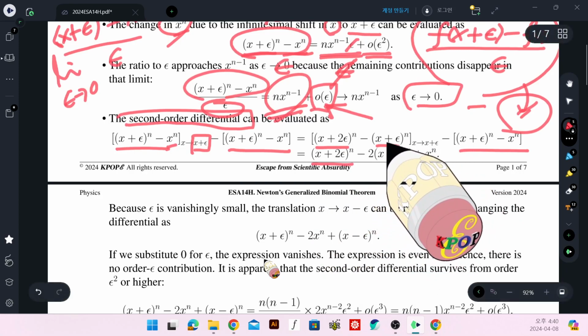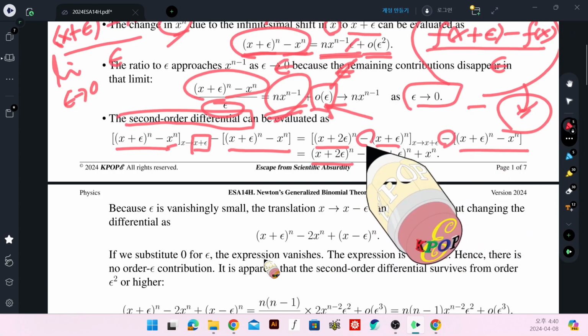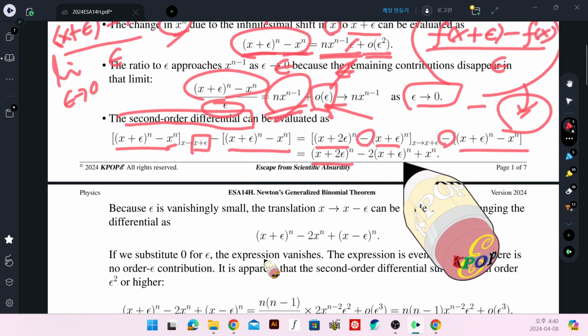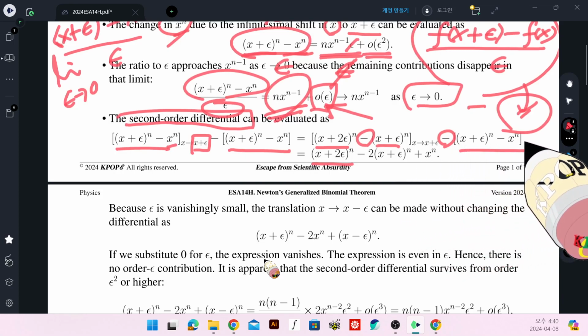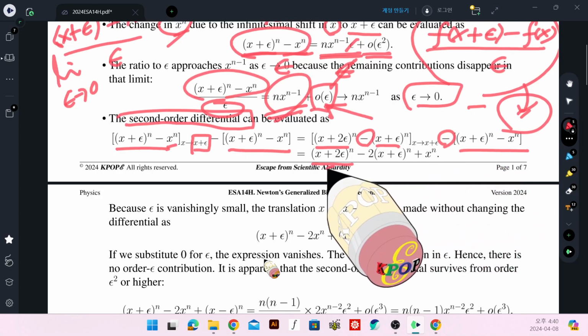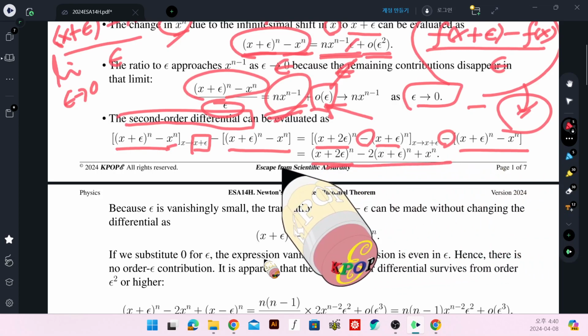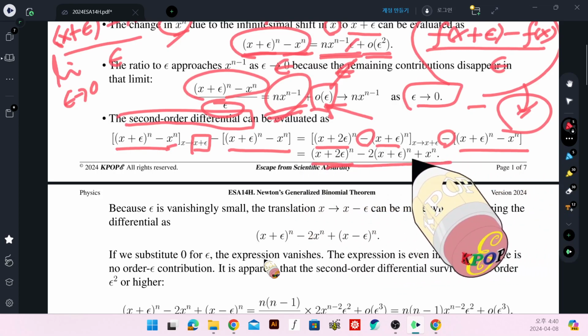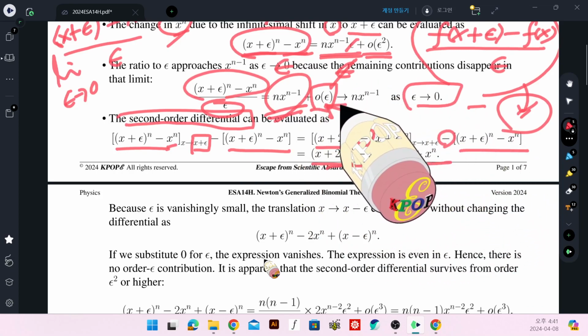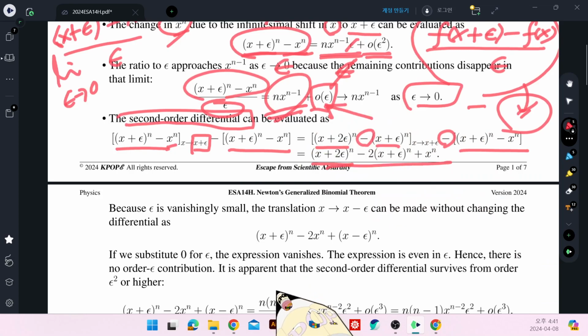This one, they are the same. Minus 2 times x plus epsilon. And the third one, that is minus minus plus x to the n. So we need to find the simplified version expanded in powers of epsilon.